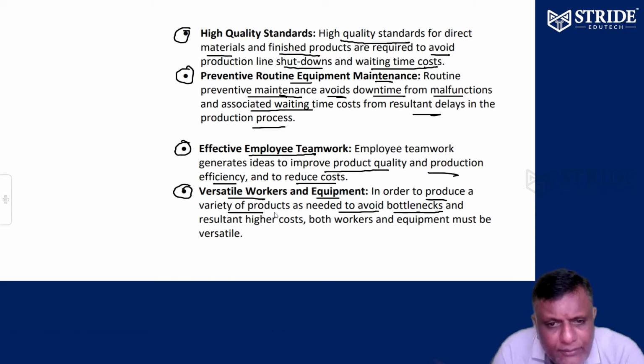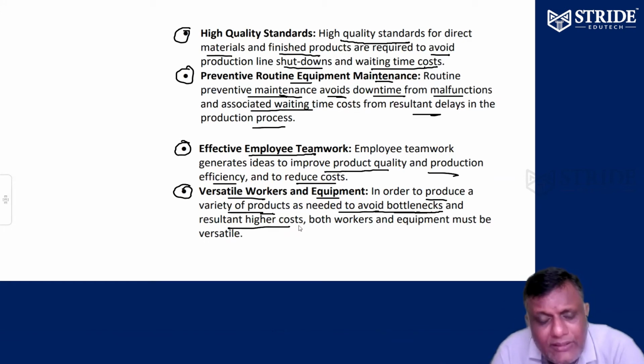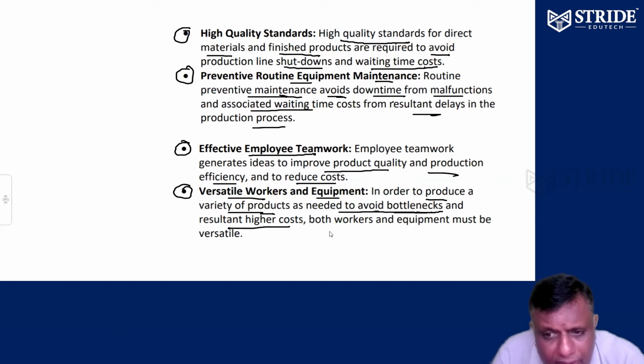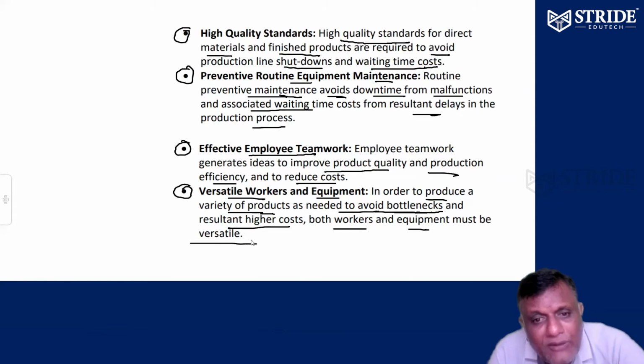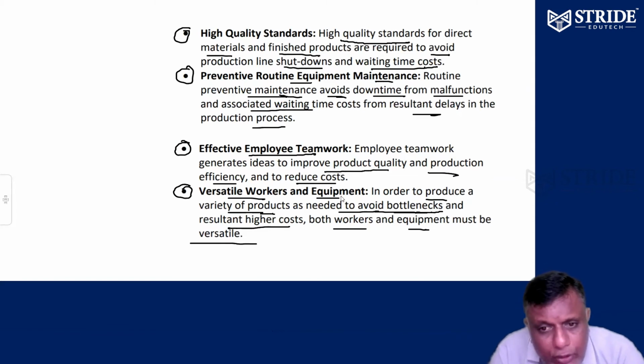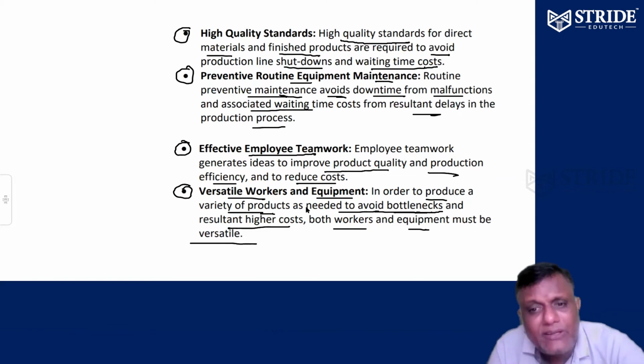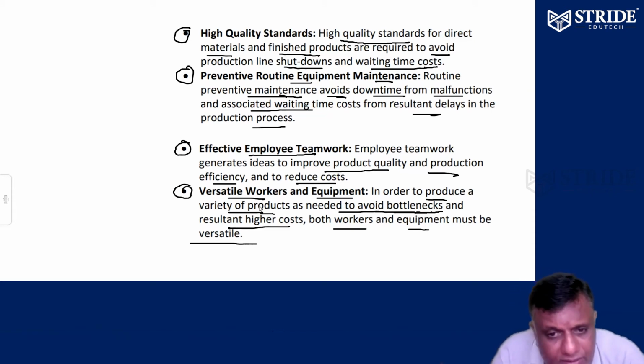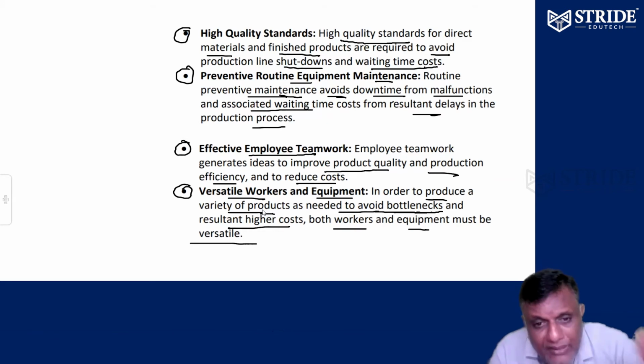So in order to produce a variety of products, you need to avoid all the bottlenecks associated with the product and other resultant high cost. Any bottlenecks, please avoid them. The workers and equipment must be versatile, multiple personalities. The equipment can be used for multiple purposes, multiple times. The worker can be used any number of times, effectively, efficiently. He's a versatile worker with complete knowledge of the product.